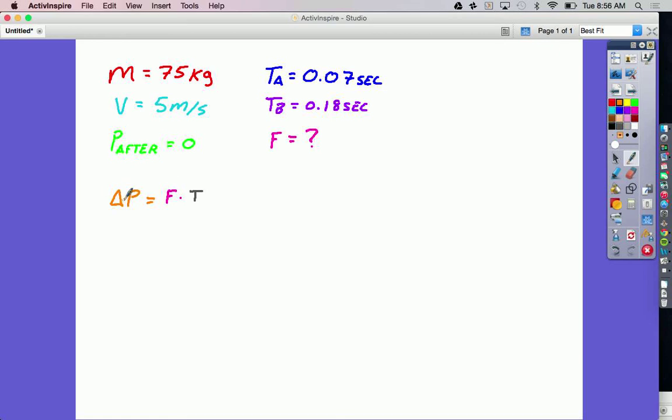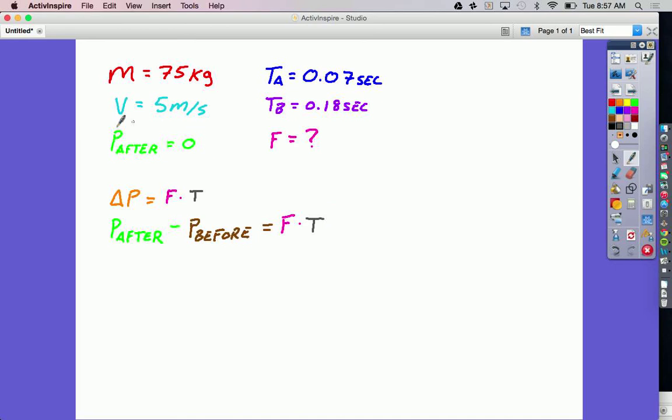If you're unfamiliar, delta, just a math symbol for change, is going to be momentum after minus the momentum before, and that's how we get the change. So after the foot collides with the ground minus momentum before the foot collides with the ground is going to equal the force exerted on the person multiplied by the time that the force is acting.